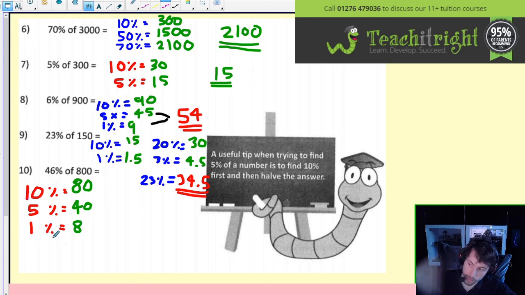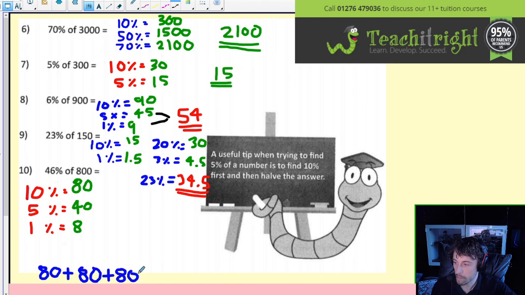Well, I could work out 40 and 6, but actually another way of doing this, which is just equally as cool, and maybe you prefer this, how many 10% make up 80? Well, there's going to be 1, 2, 3, 4, 10%, so that's my 40.